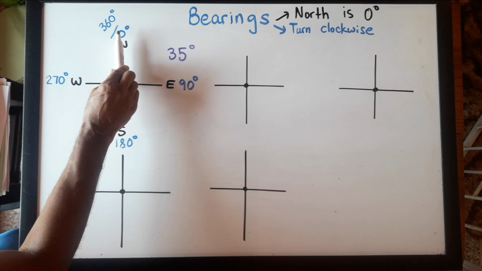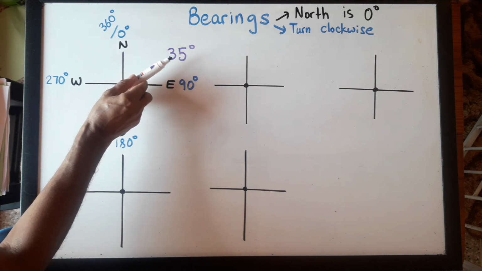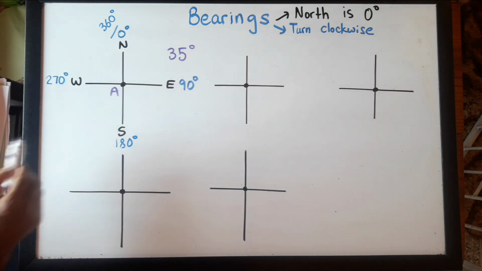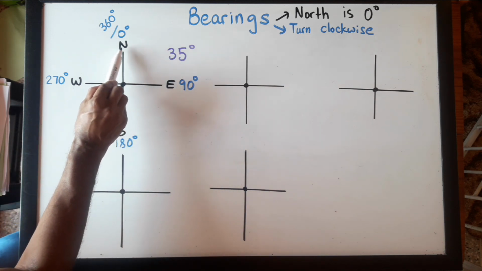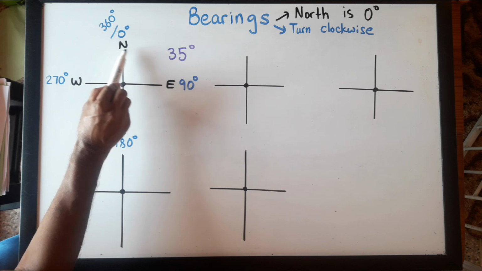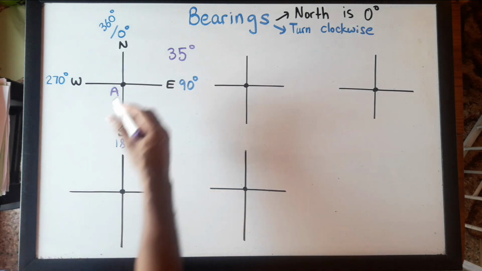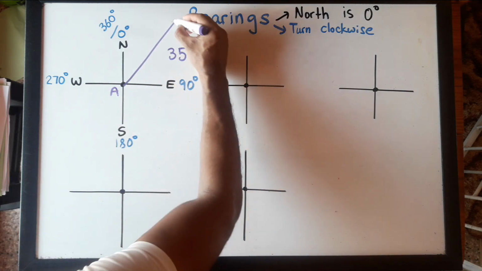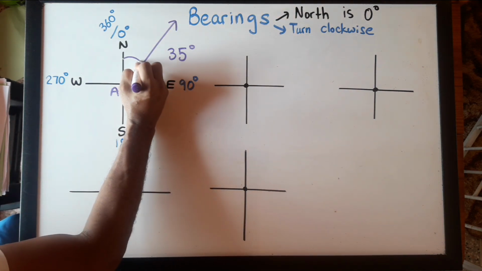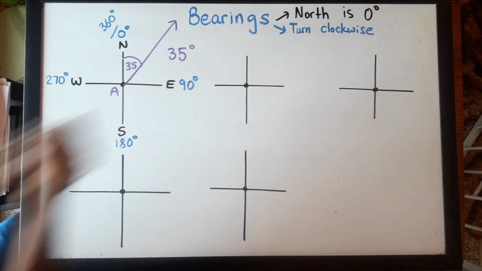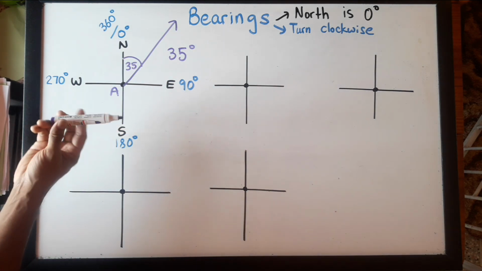Now, obviously, if we start at north and we turn this way, the angle is going to increase to 90 degrees. Where would 35 be? 35 would obviously be between north and east. So the person would have to walk approximately in this direction, and this angle would be 35 degrees. You see, we just approximated it.